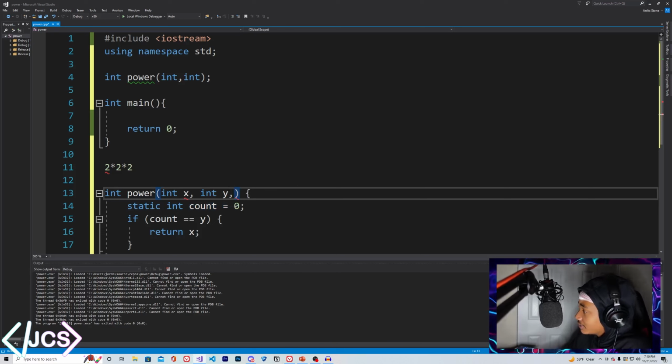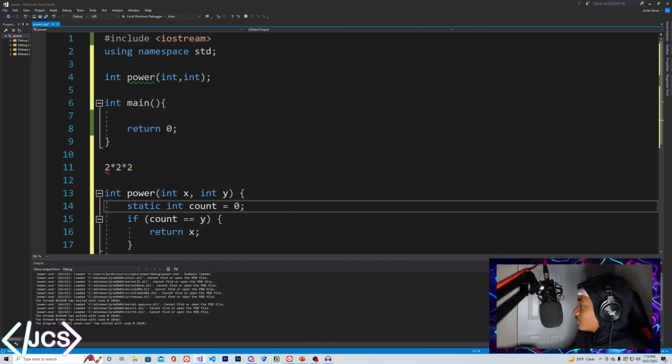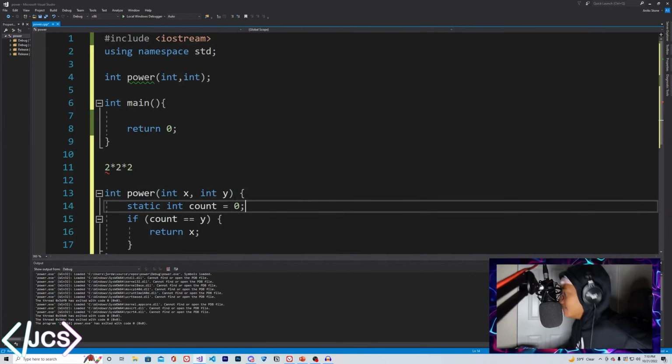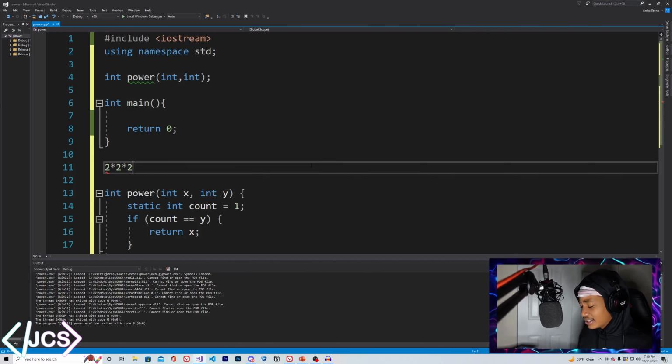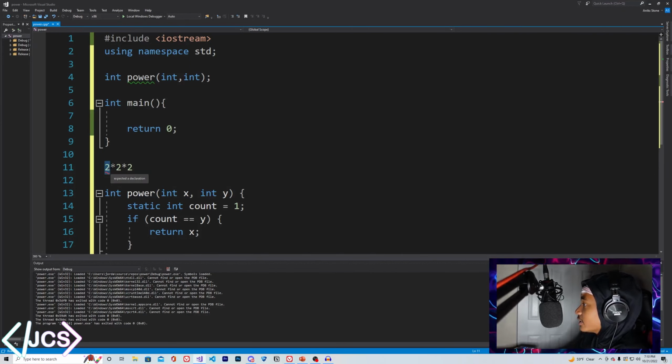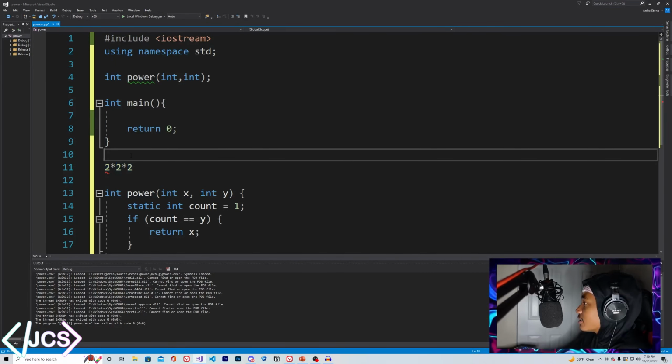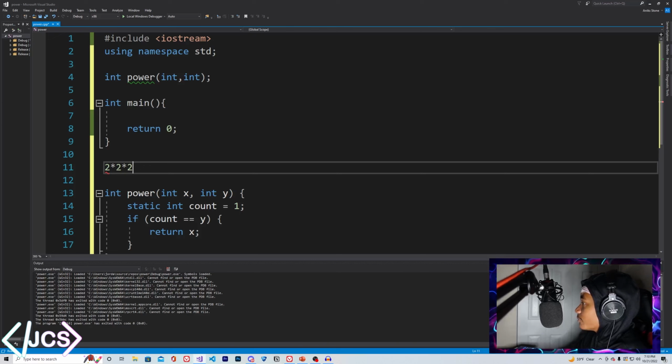If I get the wrong output, then I'll just make it 1. I think it's 1, but actually it is 1. Let's just say it starts at 1. So 2, and then it recursively calls 2, and then it recursively calls again, 3. Now if it was 0, it would go again, which would be 2 times 2 times 2 times 2, and that would be 16.